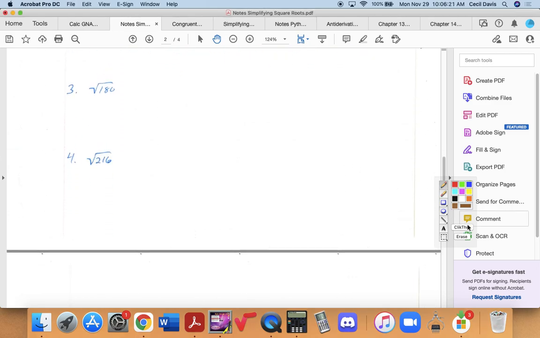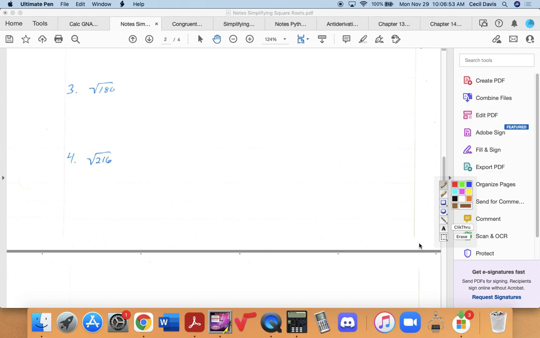Square root of 180. Okay. Which way do you guys want to do it first? All right. So what's the biggest perfect square that'll divide evenly into 180? I'd say 9. There's a bigger one than 9. 90. 18's not a perfect square. 90's not a perfect square.